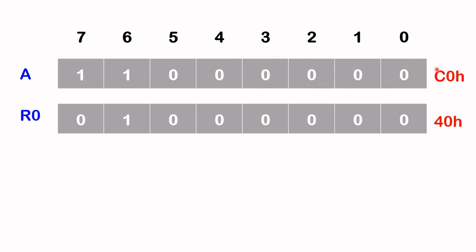So that is copied into register A. And in register R0, we're going to copy 40 hexa. In binary, that would be 0, 1, 0, 0, 0, 0, 0, 0. And the next thing we're going to do is add the contents of R0, which is this binary number here, to the contents of register A.